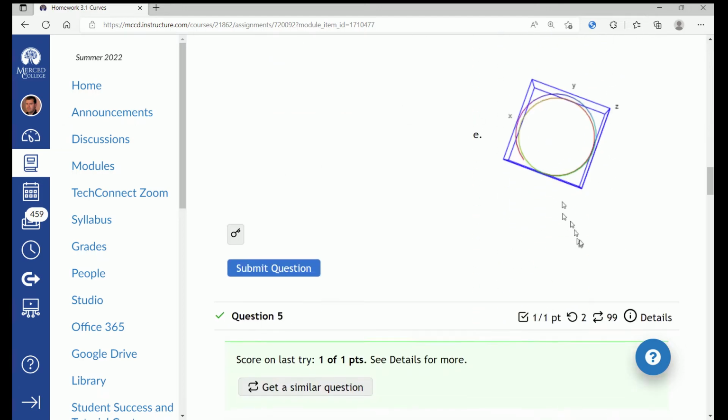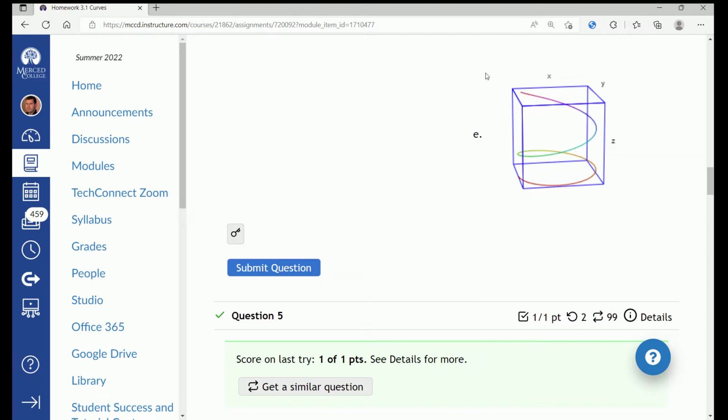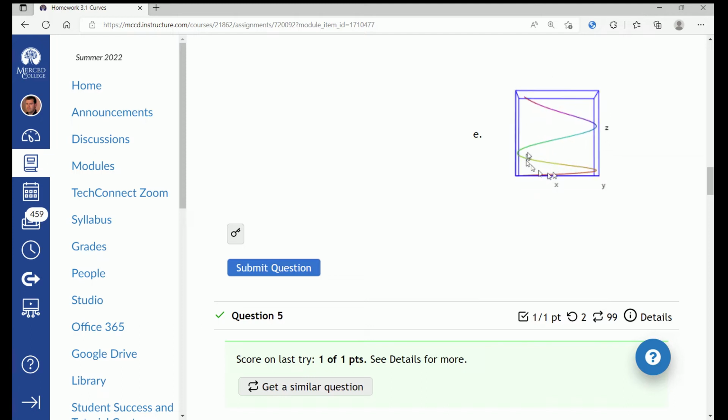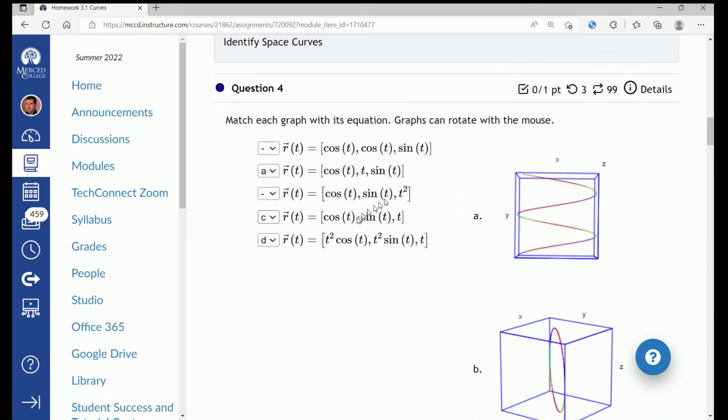And that is what's happening on E, right? Down here, it's oscillating slowly and then quicker. That's what it looks like. But what's actually happening is it's making circles, and the speed that it's going up is changing. And that's what you're seeing here.